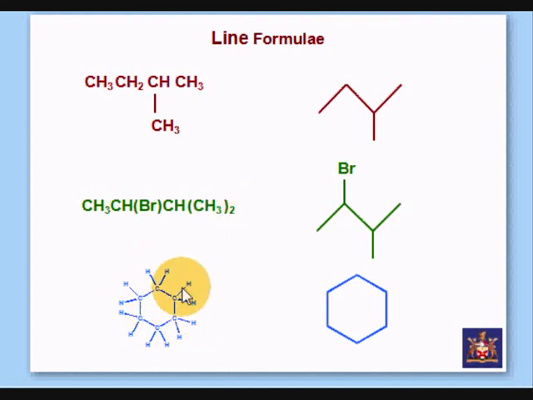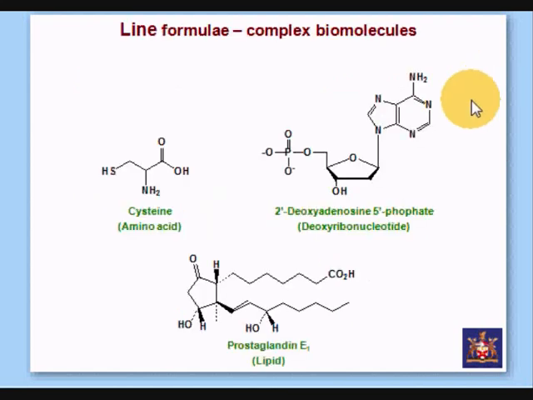And then with our cyclic formula that we have here, basically we just draw the hexagon and no hydrogens. There's a C at each one of the corners there, and the hydrogens aren't illustrated. And some complex biomolecules, a couple of things you spot there.